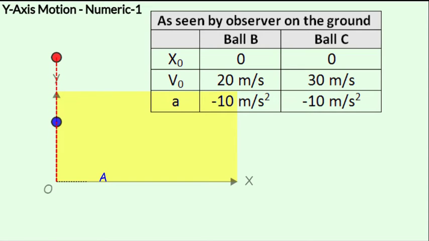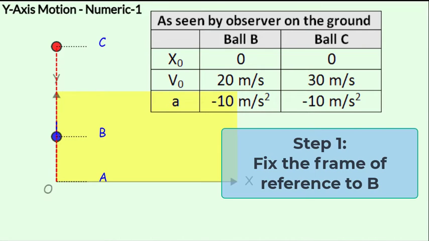So we follow the same steps as we had outlined in the previous lessons. Step number 1, we fix the frame of reference to B and pretend as though B does not move. So in fact, we are making ball B the observer.